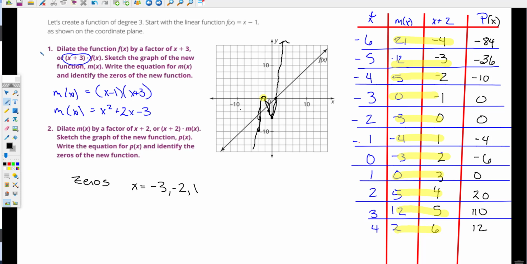Remember that here we had zeros at x equals negative 3 and x equals 1. So we've added in that new zero at x equals negative 2. And that came because of the factor that we multiplied by, which was x plus 2.